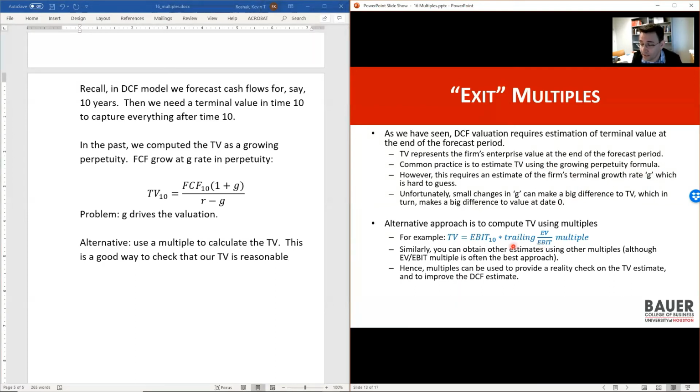If we know what the EBIT is going to be at time 10, then we can figure out what the enterprise value is going to be at time 10 using a multiple. We could use other multiples, but I think the EV over EBIT is the safest bet here. So in conclusion, this exit multiple can be a reality check to a growing perpetuity guess like that.